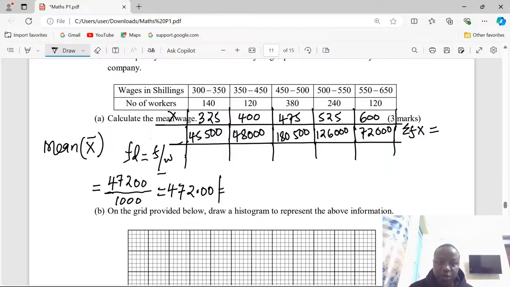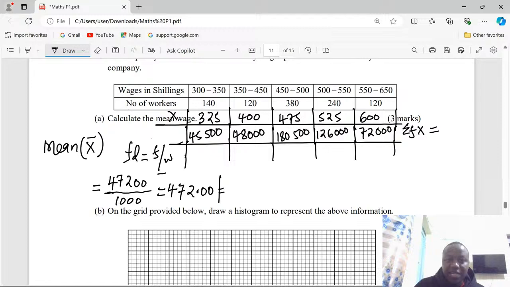So we start with the first frequency, 140, divided by the first class width of 50. This is going to give us 2.8. The next one is a frequency of 120 divided by a class width of 100, giving us 1.2. Class width is when we take the upper limit minus the lower limit, or the upper boundary.